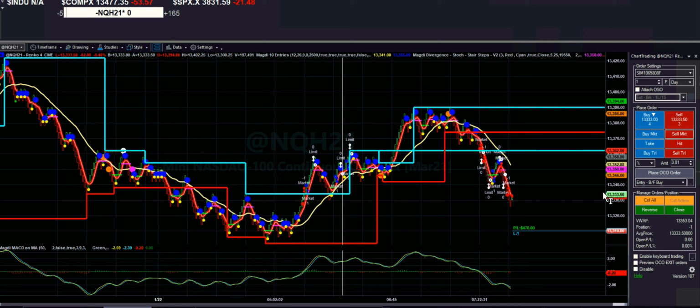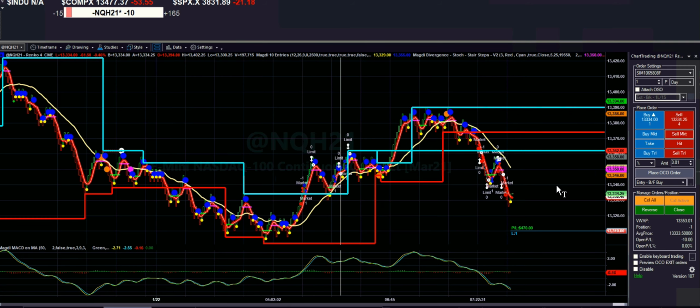If we do see one of these reverse lines, a reverse direction, then we're going to listen to it. Cross below 0.